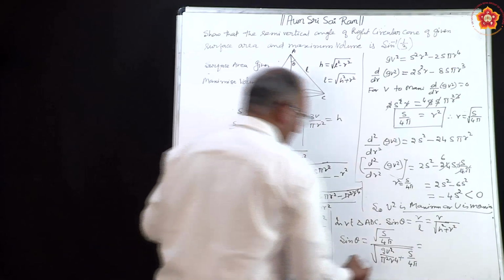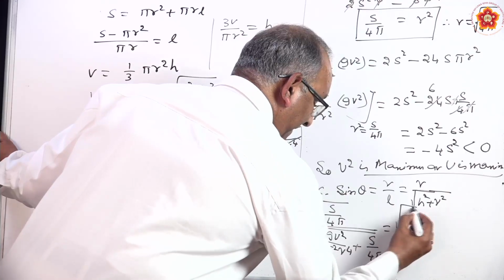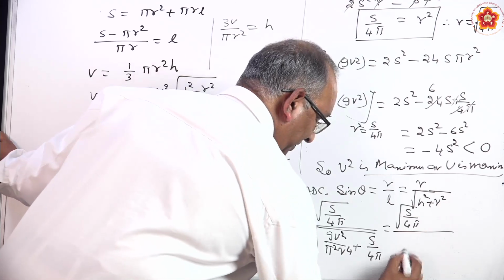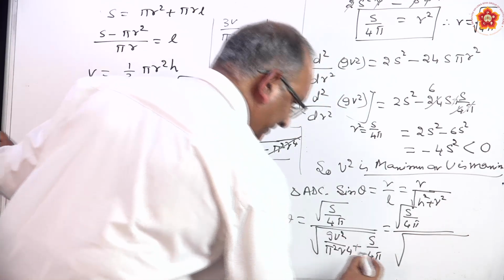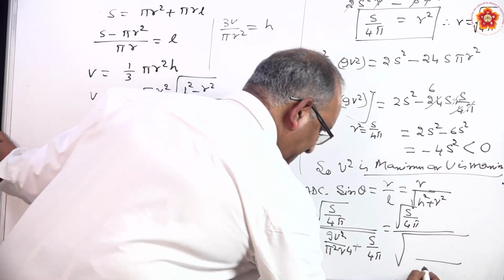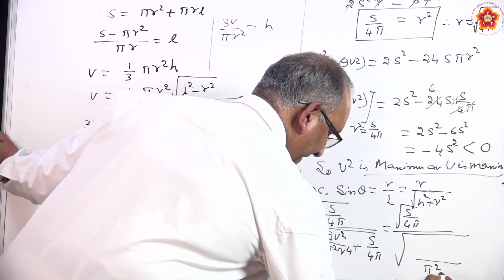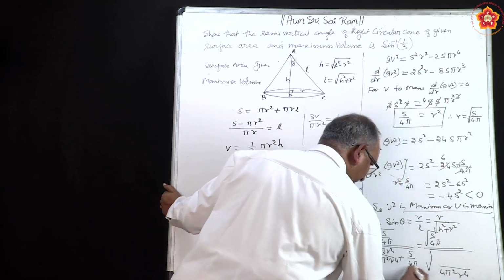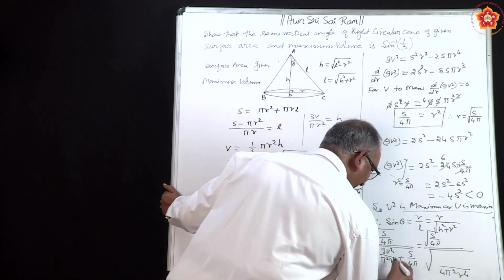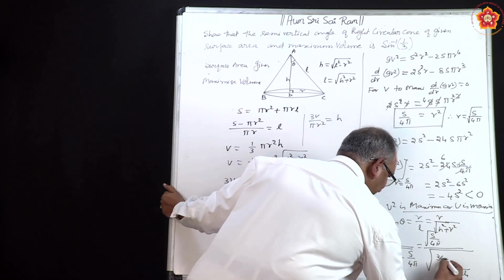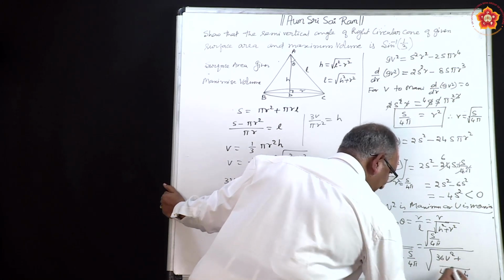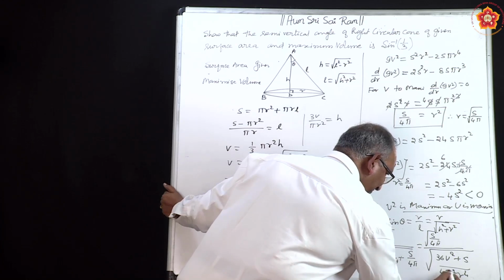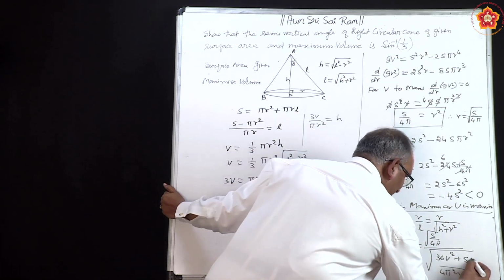Simplify it further. It is s by 4 pi upon under root of, take the LCM, it is pi square r to the power 4, 4. So, if you divide with that, you will get 36v square plus s into, substitute the value, divide with 4 pi, you will get pi r to the power 4.